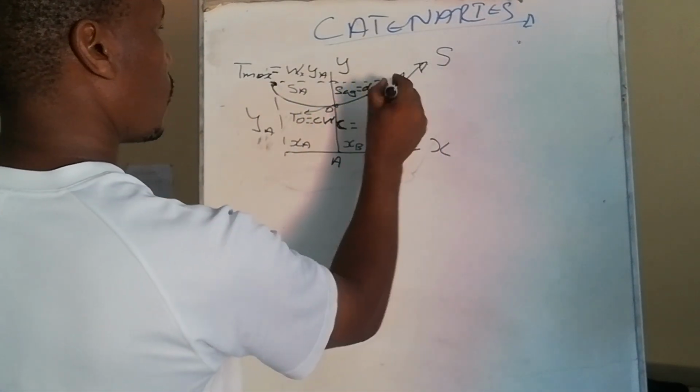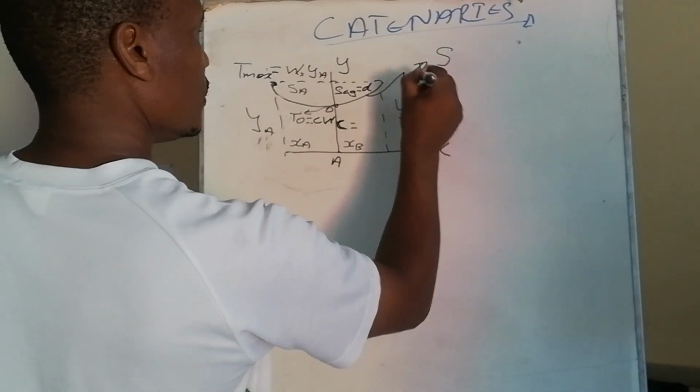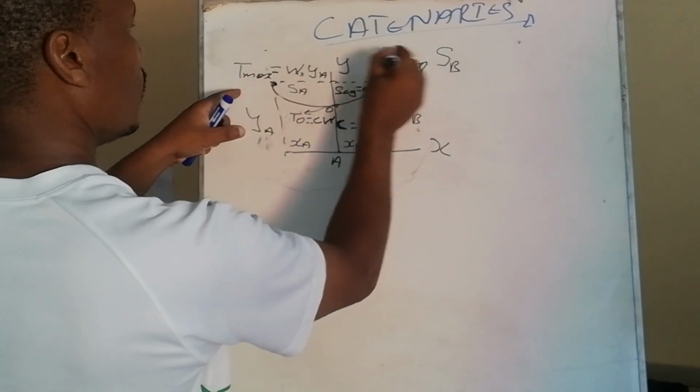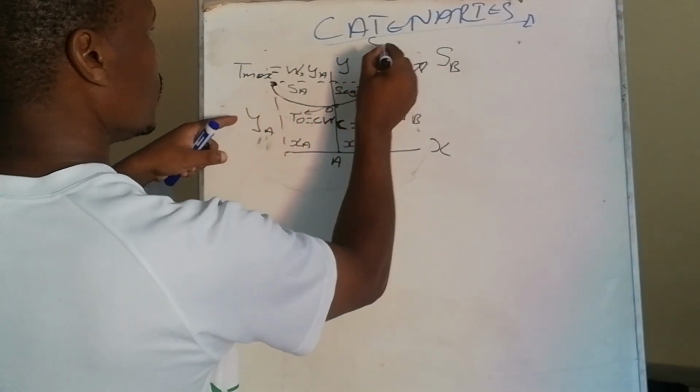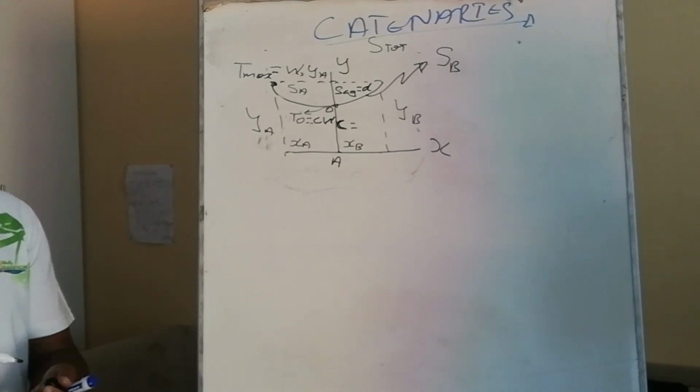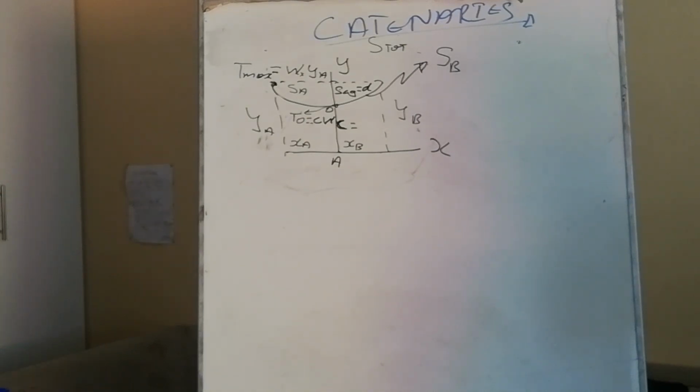There, you can call it SB. Then the total distance from there to there will be the total length of the chain.